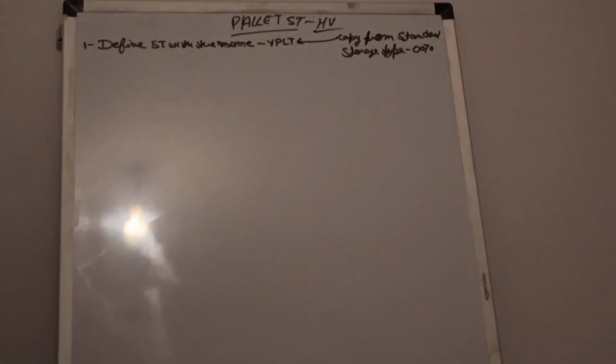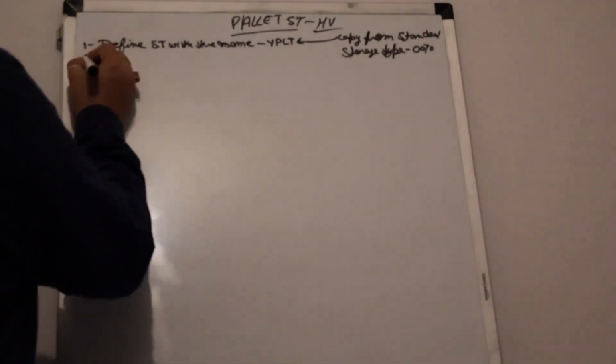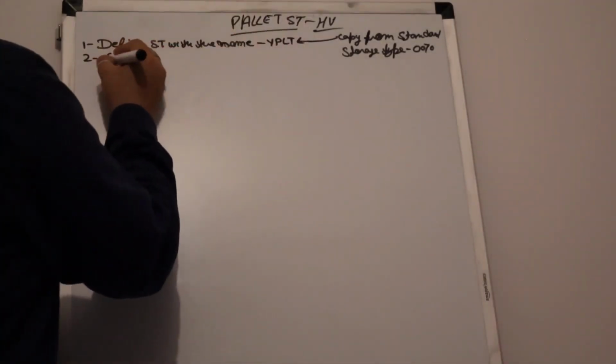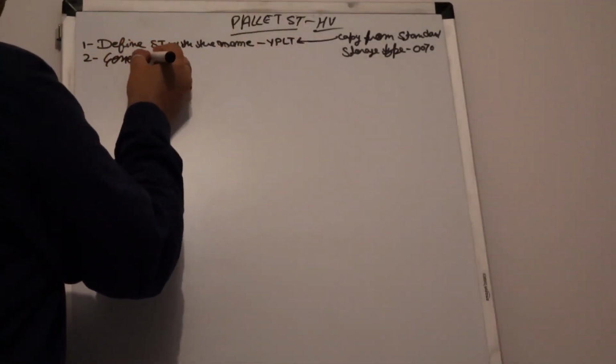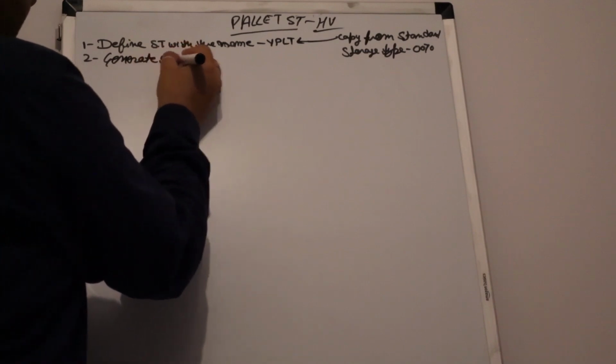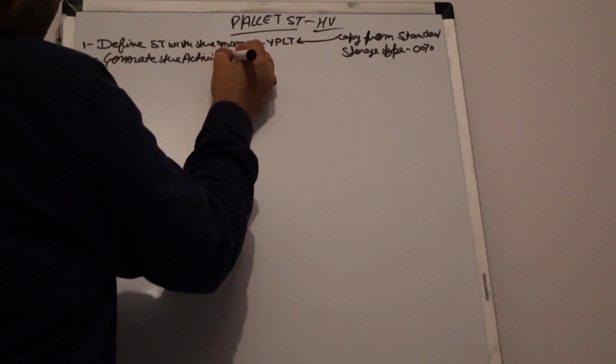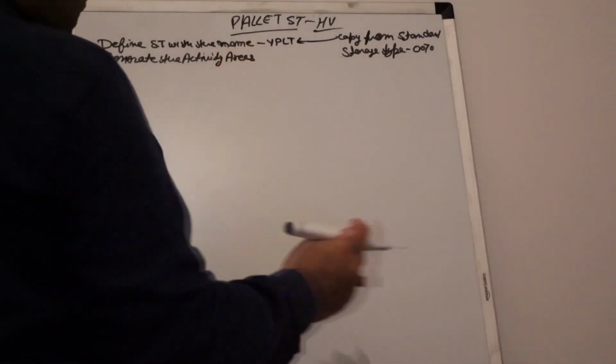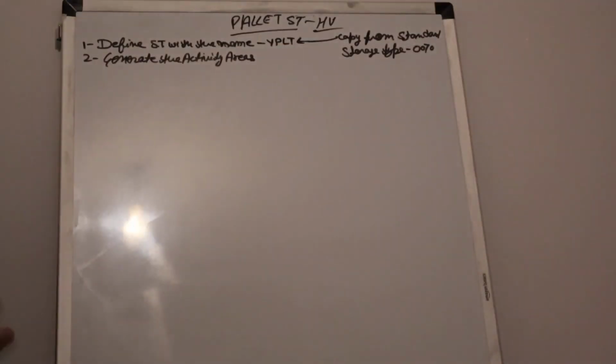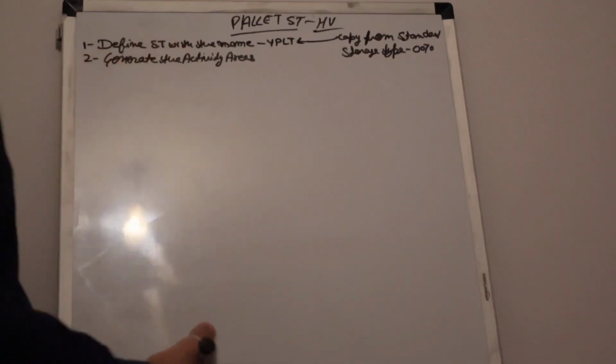Second point: after copying, we generate the activity areas. With the bins, the warehouse workers do some activity, they put the pallet, they pick something, so we need to assign this.